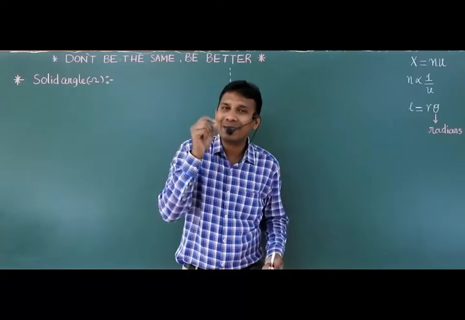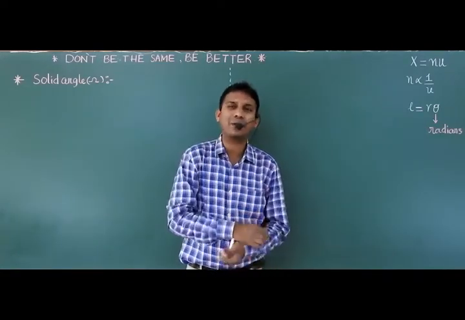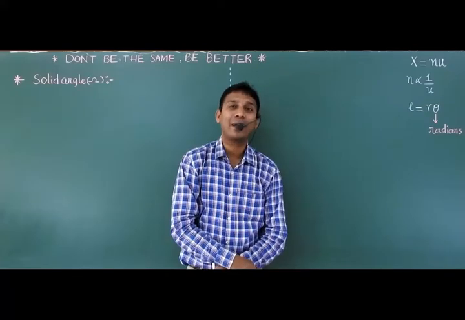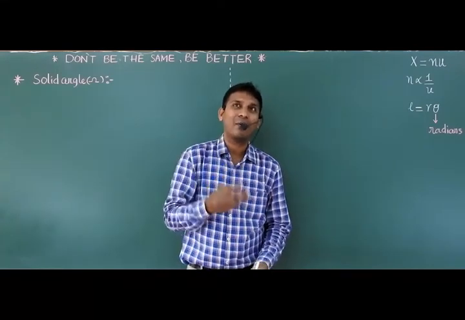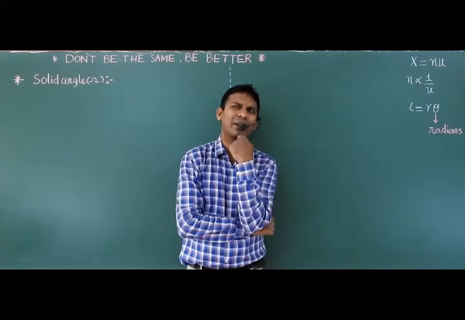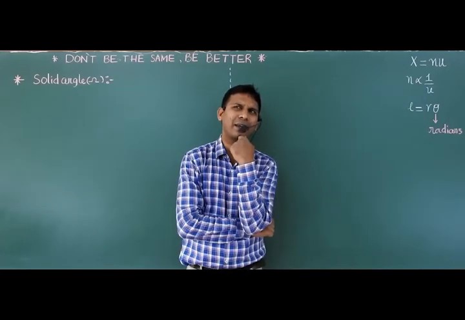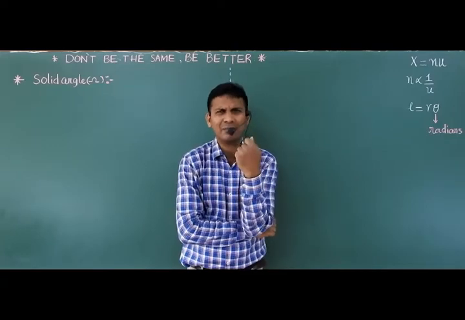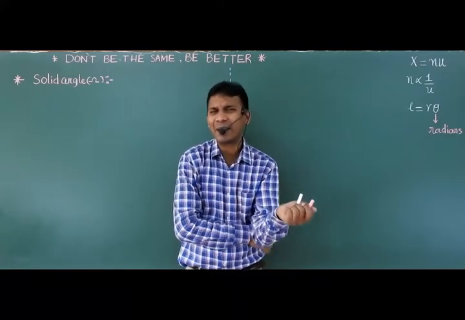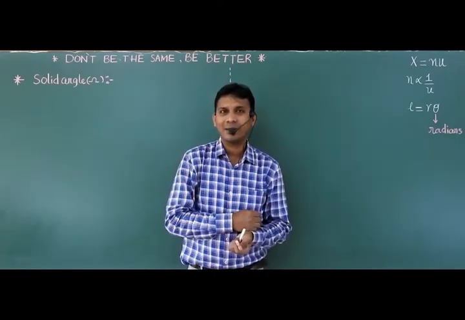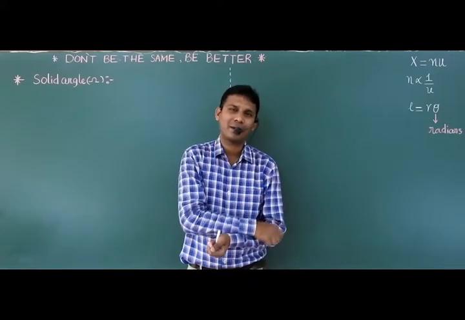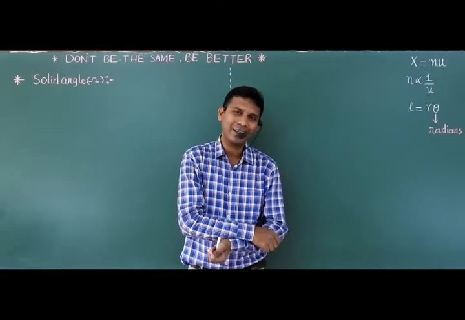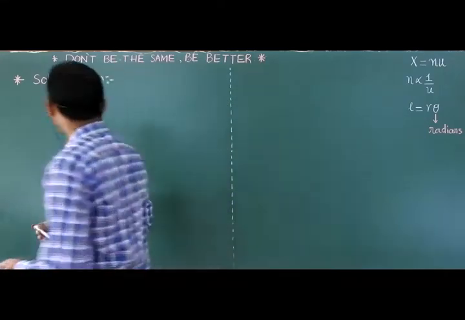Plane is two-dimensional. Solid angle is a three-dimensional angle. To define solid angle, shall I take a circle? Circle is a plane. For a circle we are defining plane angle, that is 2D. So to define a solid angle, we have to consider a sphere. Clear? Right.